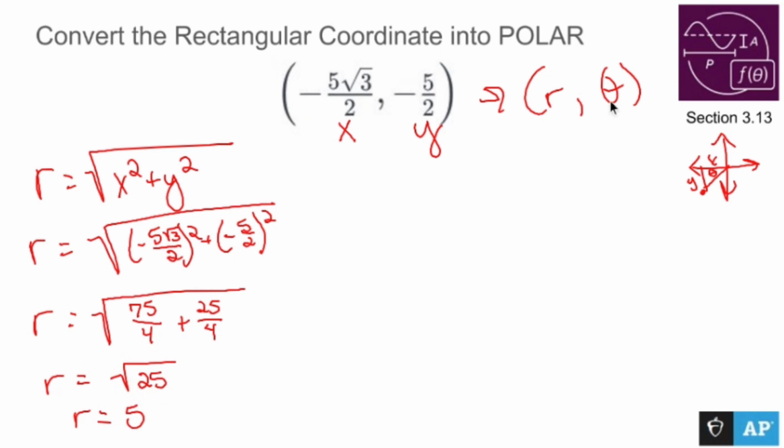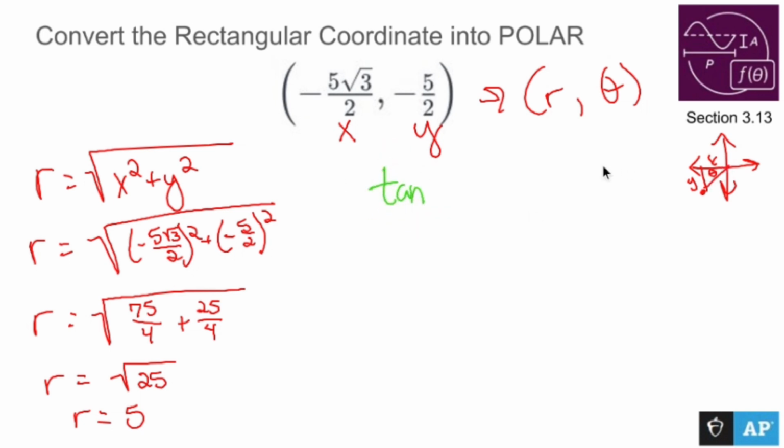Now, the next thing I need to figure out is that angle right there. That angle is basically found by me taking this opposite side right here and that adjacent side and trying to find that angle. Well, how can I find the angle using an opposite and adjacent side? Tangent.